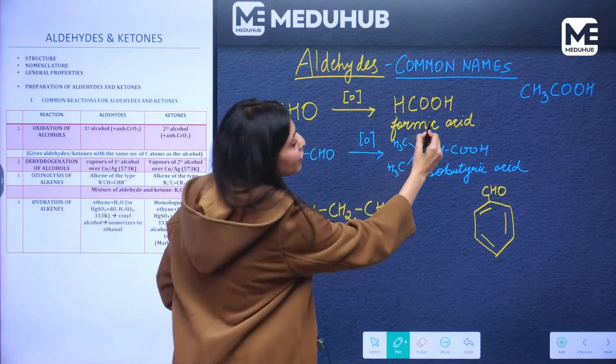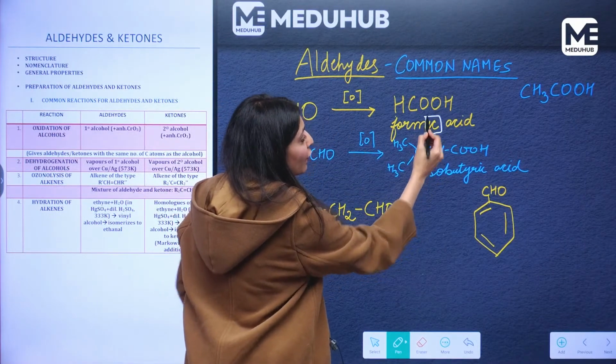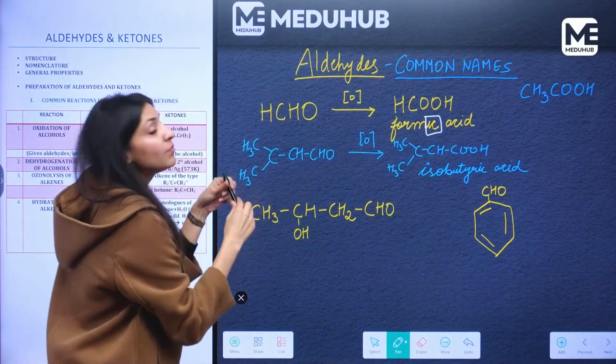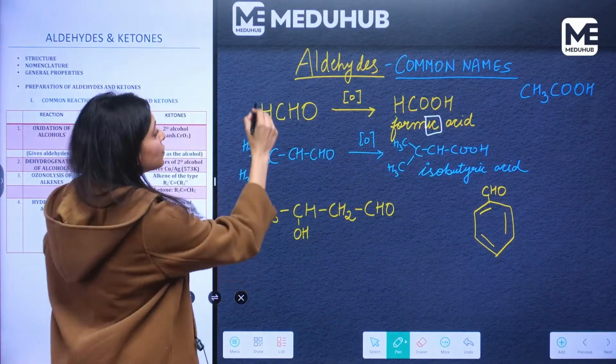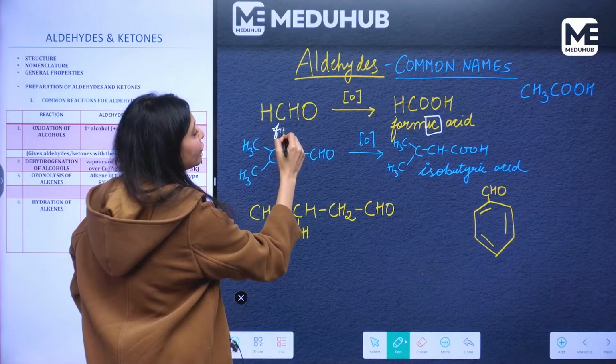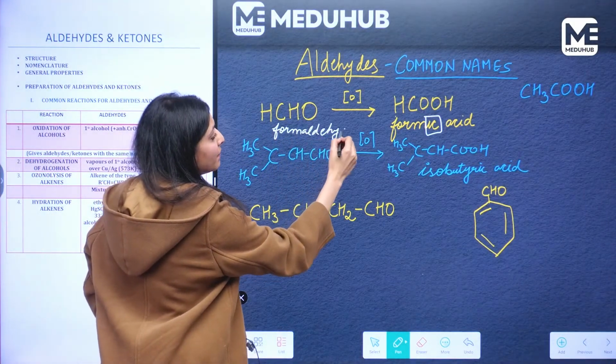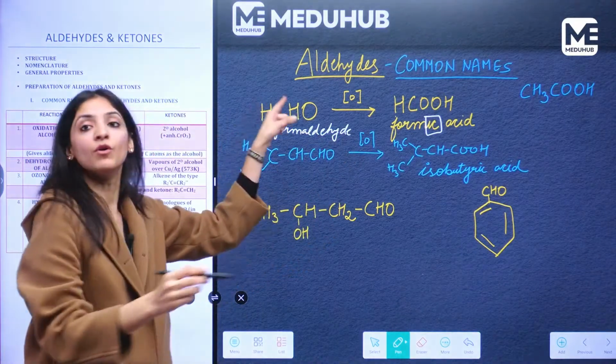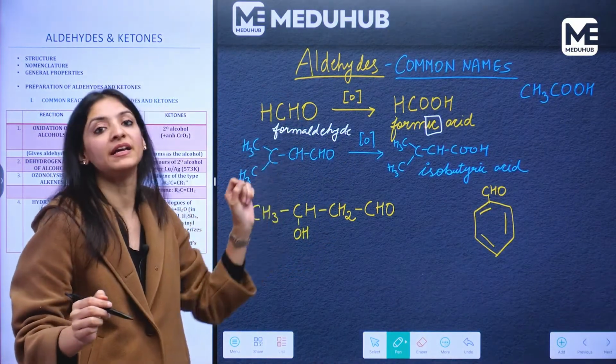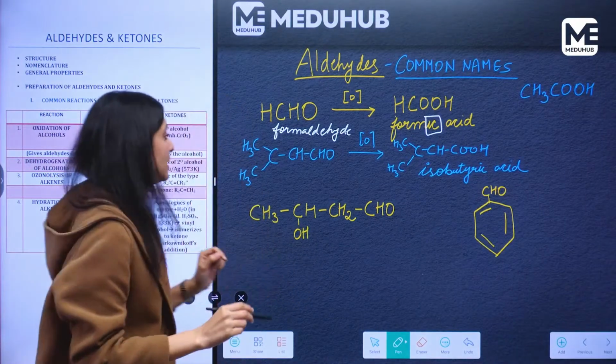So what happens? We drop the ic of the formic acid and we add aldehyde to it. So HCHO will be called formaldehyde. This will be the common name of this aldehyde, the simplest of the aldehydes, which contains one carbon atom.